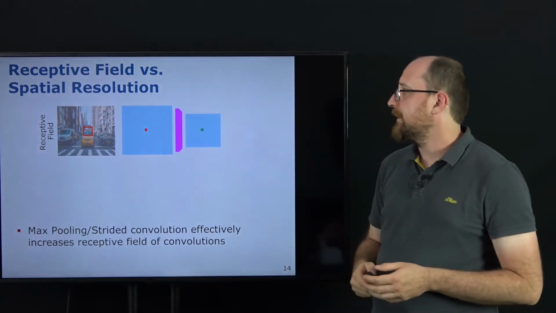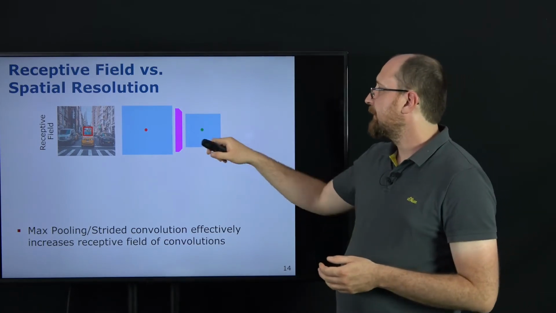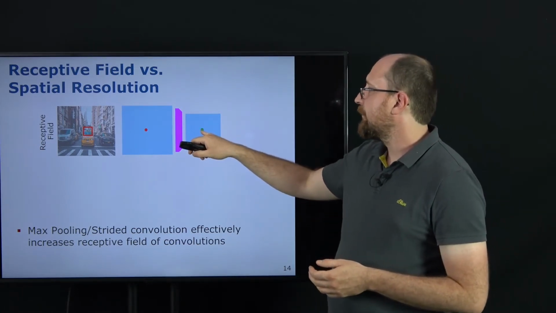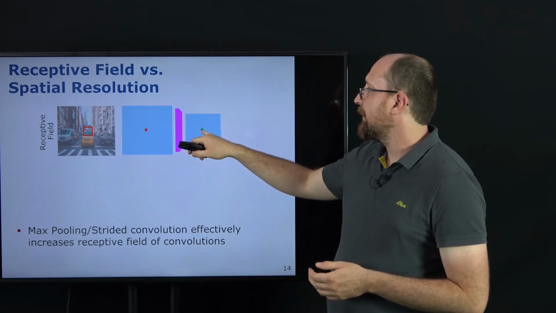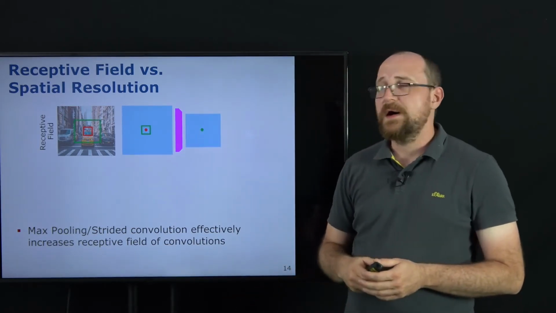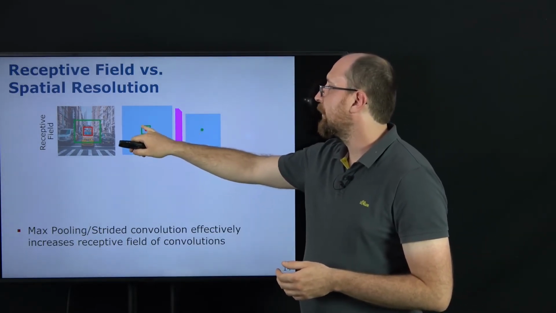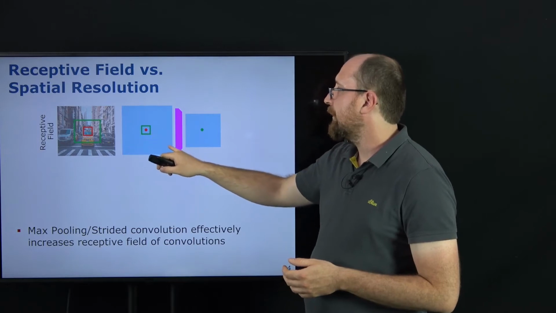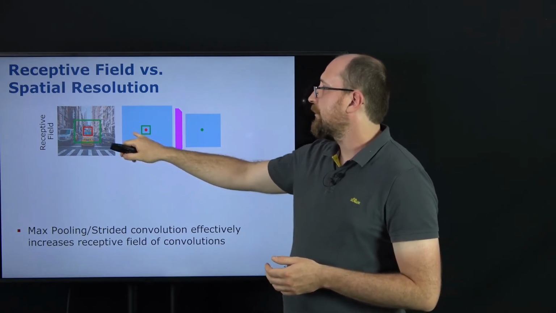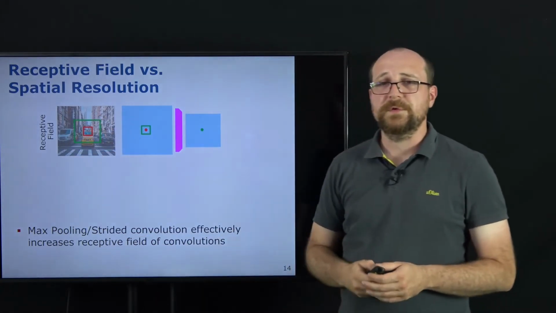And when we have the max pooling operation, then the convolution that produced this feature map output is taking into account a larger field of view from the previous feature map, and this corresponds of course to a larger field of view in the original image.